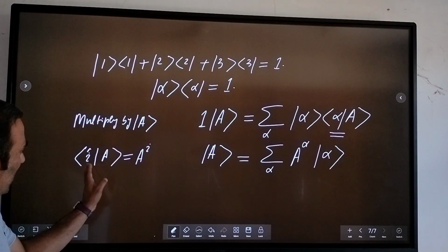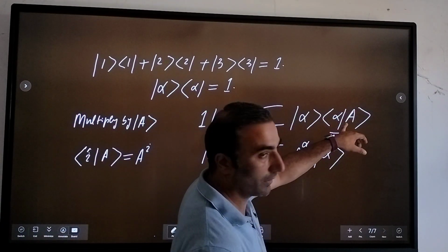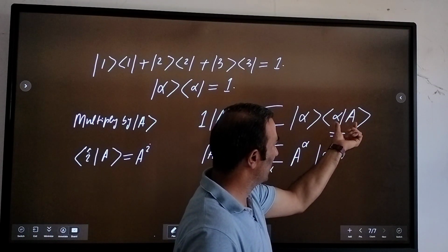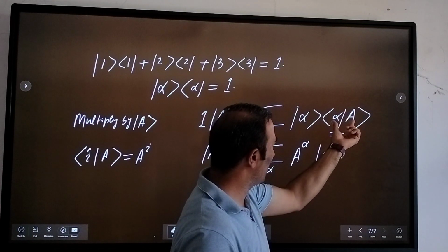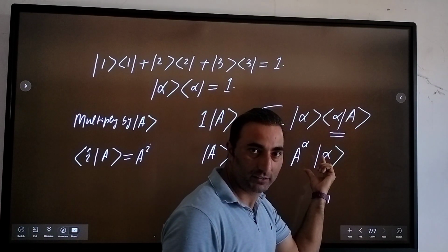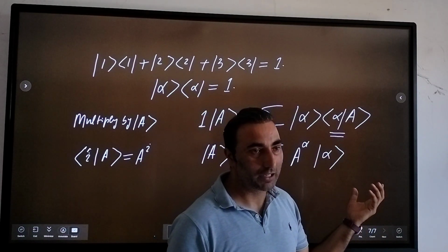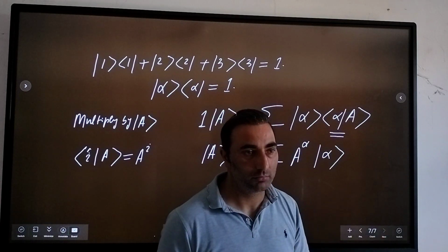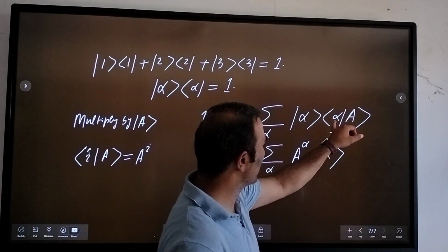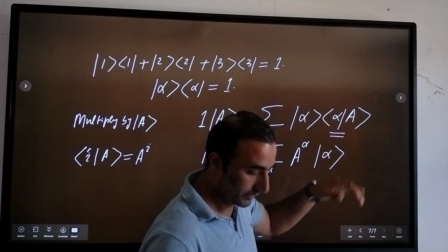Because I with A is equal to AI, this will be equal to A alpha. So this gives us, when we take the inner product between alpha and A, the alpha component of that vector. So that means if we take any vector and multiply it by some component, it gives me that component of that vector. So taking alpha with A gives me the alpha component of that vector. So this is A alpha, right?